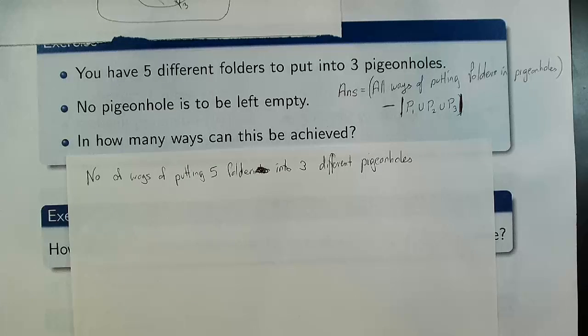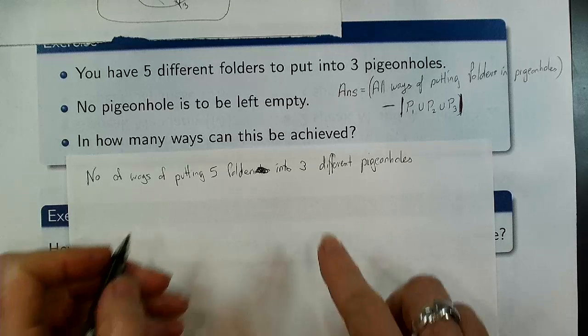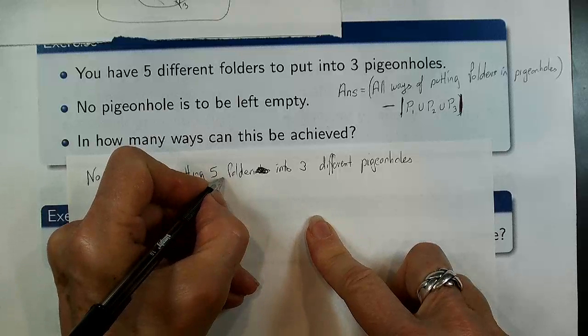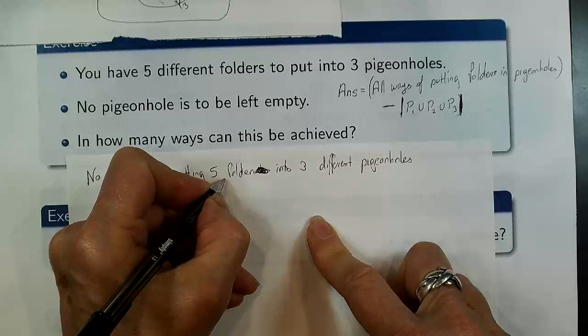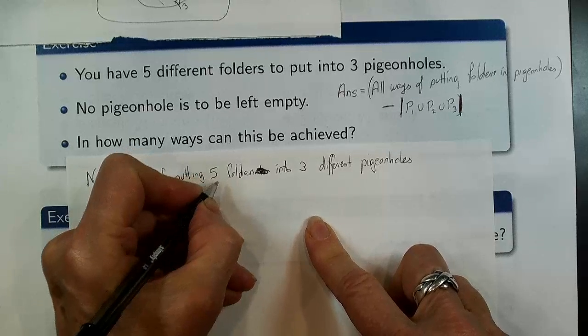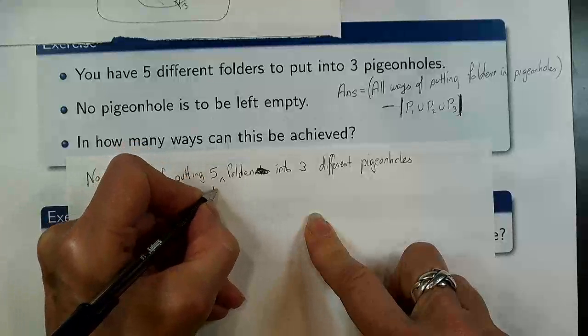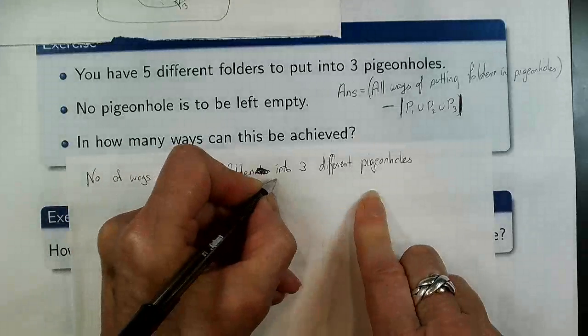Do you mean we're already discarding any scenarios where, for example, all 5 go in the same pigeonhole? Oh, no, all 5 can go in the same pigeonhole. I just want everything at the moment. We're actually looking for the number of ways of putting 5 different folders into 3 pigeonholes. Not 5 folders into 3 different pigeonholes. It could all be the same pigeonhole.